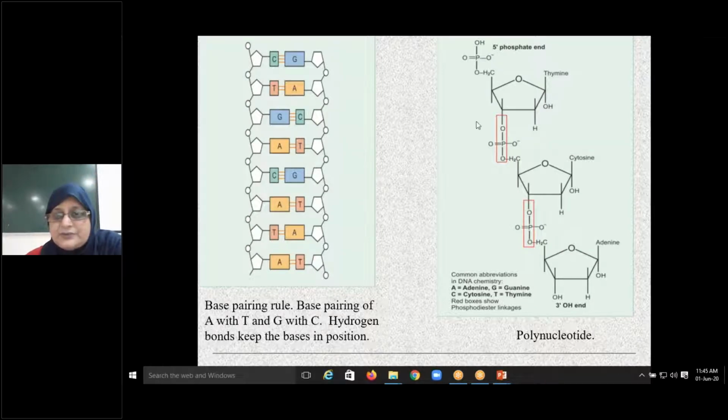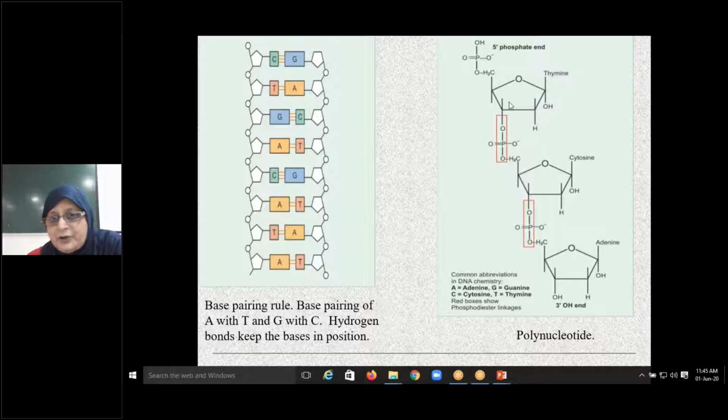And here on the right side, you see how a polydeoxyribonucleotide chain is formed between one base and another base. Here you can see the deoxyribose sugar and the phosphate molecule.